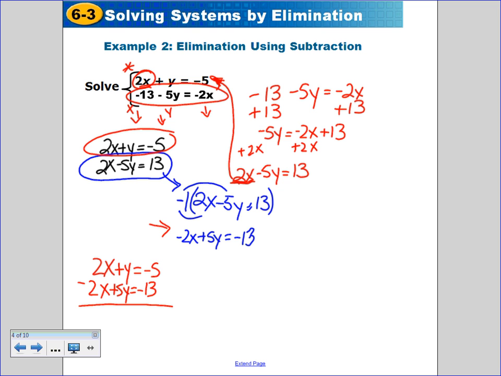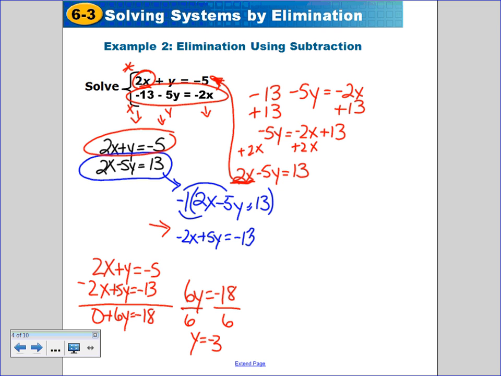And now I can eliminate because I have a positive 2x and a negative 2x. So we know that that's going to be 0. Y plus 5y is positive 6y, and negative 13 plus negative 5 is negative 18, which leaves me with the equation 6y equals negative 18. Divide both sides by 6. Y is equal to negative 3.